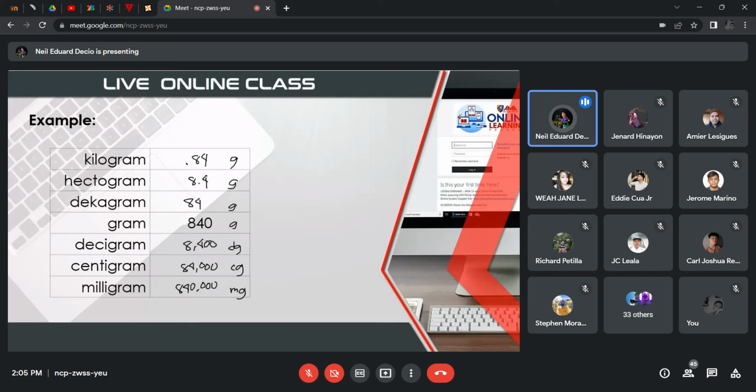Okay, now for the system unit of time, I think we're already familiar naman with the conversion: 1 minute is equal to 60 seconds, 1 hour is 60 minutes, which is also 3,600 seconds. 1 day is 24 hours, and then 1 week is 7 days. 1 year naman is 365 and 1/4.